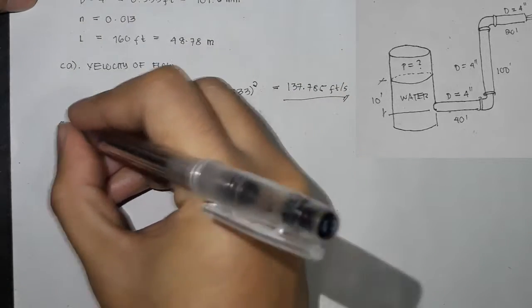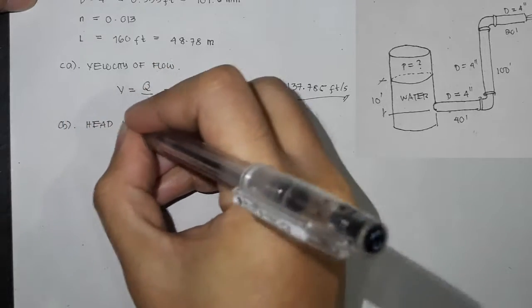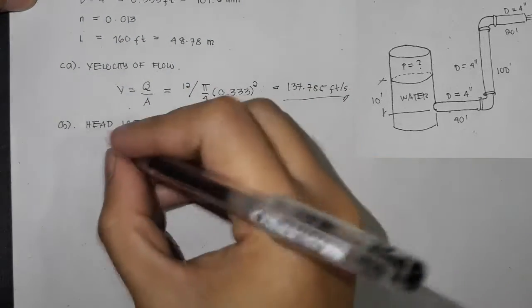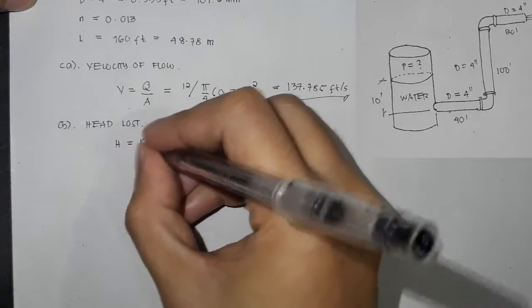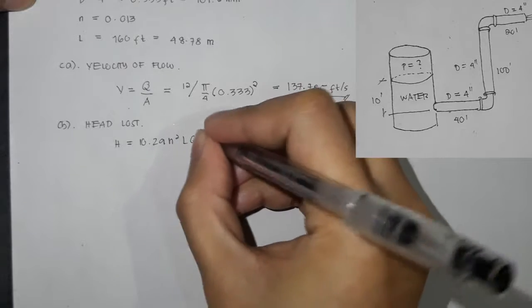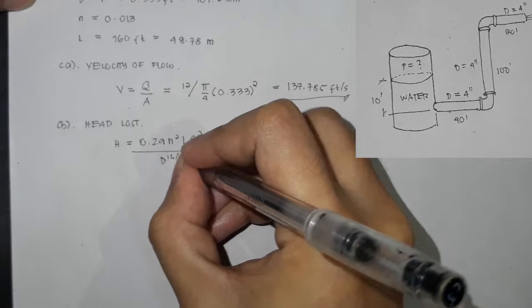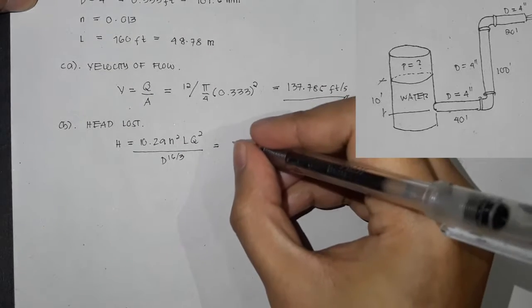The second thing we need to determine is the total head loss in the pipe. Since the given is n, we need to use the International System version of Manning's formula, where the head loss is equal to 10.29 times the square of the friction factor, times the length, times the square of the discharge over the diameter raised to 16/3.